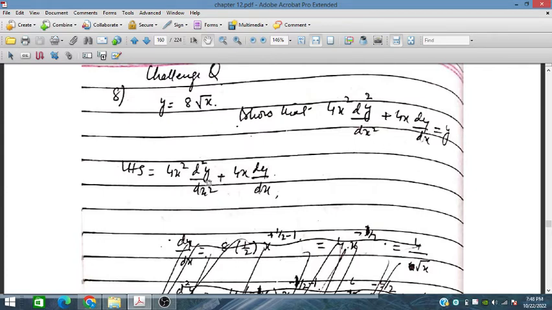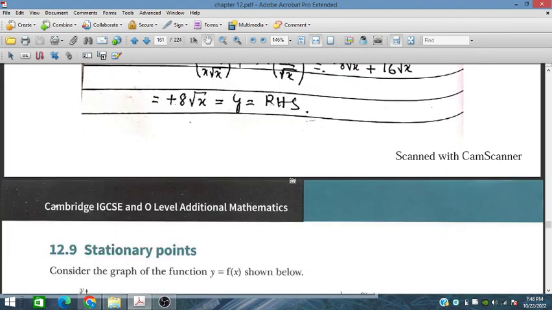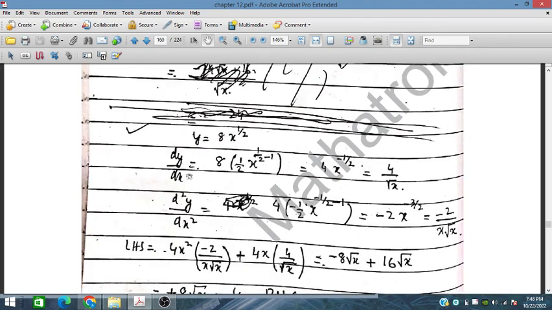4x² times the second derivative of y with respect to x plus 4x dy/dx. In place of dy/dx, we put this, and for the second derivative, we take the derivative once more, so we'll have this there.